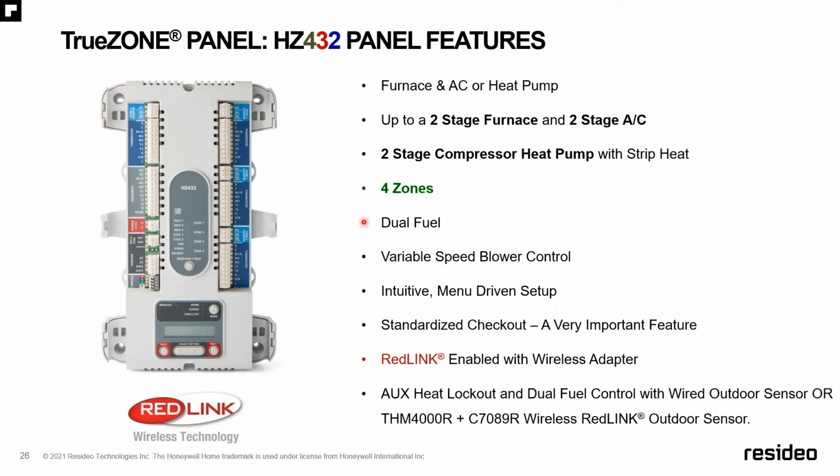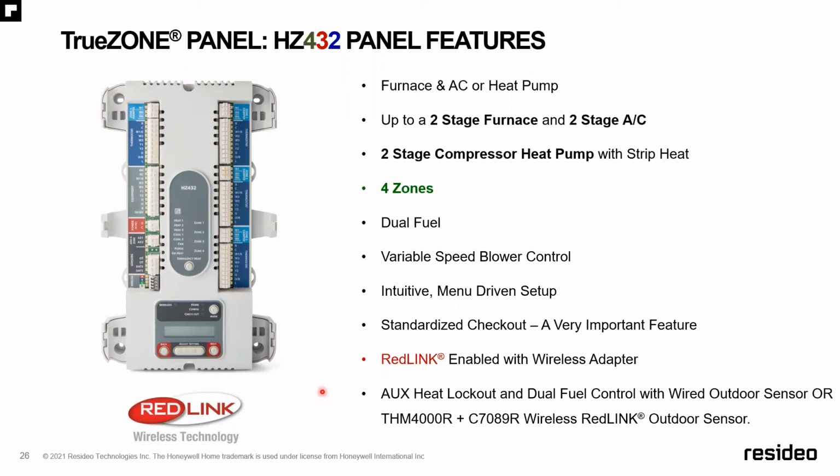The dual fuel gets to be a very popular attribute, especially if you have access to natural gas. So you let the heat pump do the heating down to the balance point, and when it gets extra cold, then you let the natural gas or oil furnace kick in and give you some nice warm heat below the balance point.